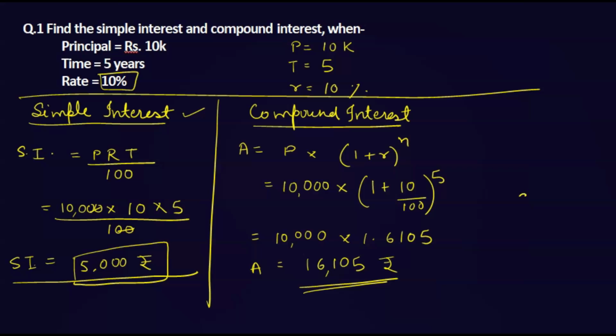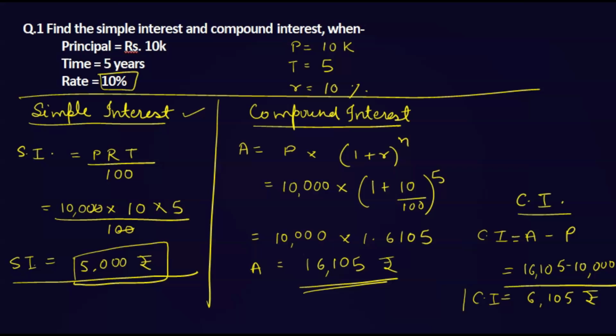So to find compound interest there is one more step: CI equals amount minus principal, because the amount includes principal as well as interest. If we deduct the principal from the amount, we get the interest. So 16,105 minus 10,000 equals 6,105 rupees. That is compound interest.